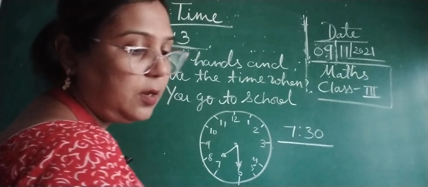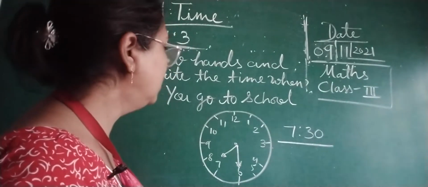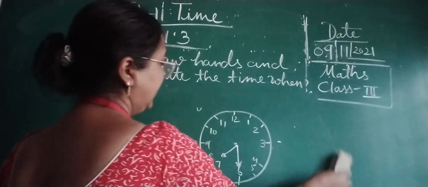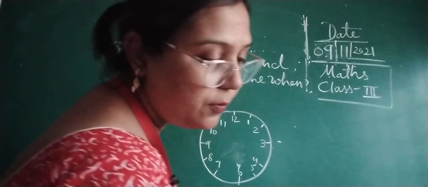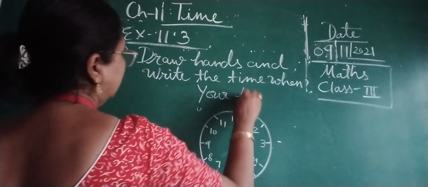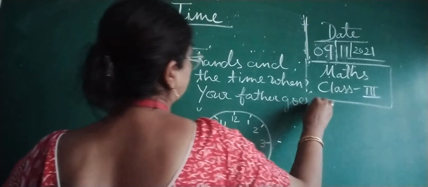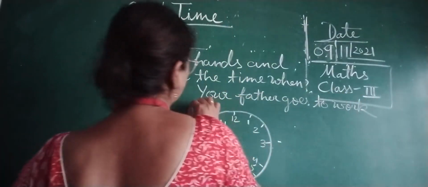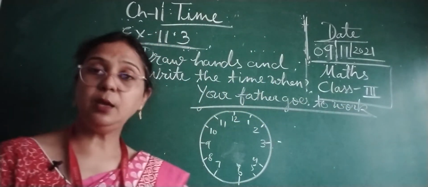Now after that your father goes to work. Now the next thing that we are going to draw, that is your father goes to work. So children, here you can see it depends upon your father's timing.